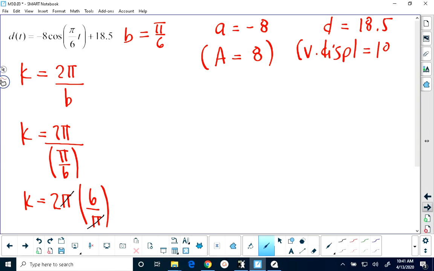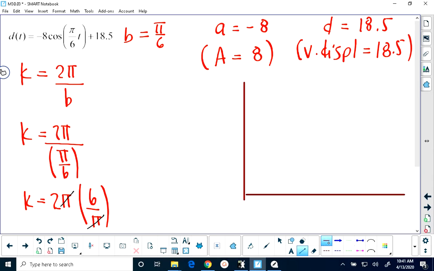is 18.5. These numbers are important, the amplitude and the vertical displacement, because they allow us to get a visual representation of where the graph is located vertically. If the vertical displacement is 18.5, then the middle of the graph will be at 18.5.